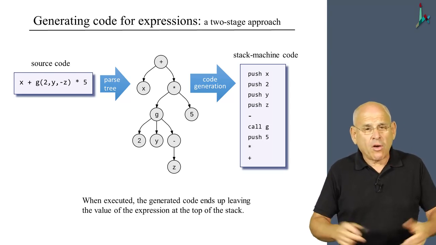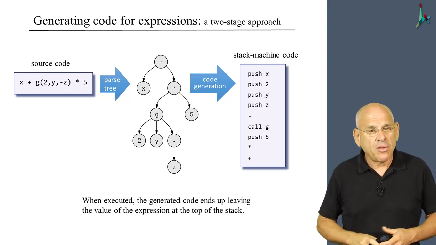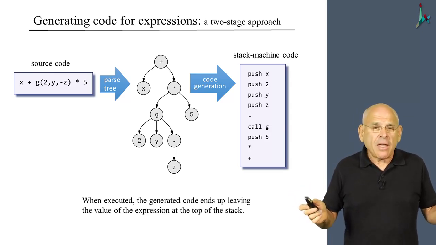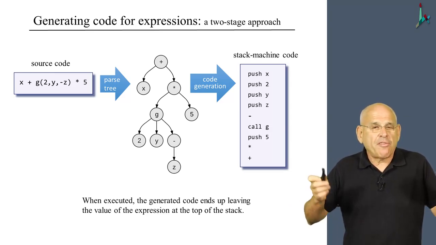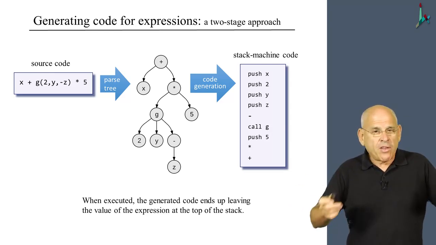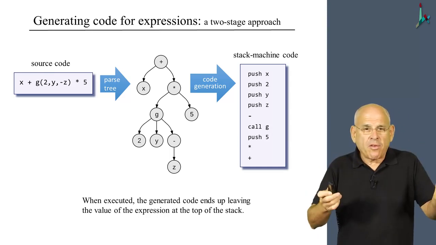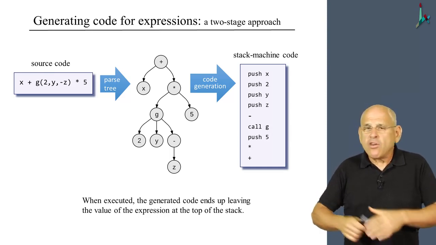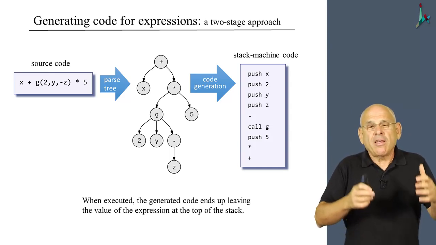Now, the question, of course, is how do you move from the parse tree to the VM code? Well, there's an algorithm that does it, and this algorithm is called depth-first tree traversal. And so you begin from the root of the tree, which happens here to be the symbol plus, and you go all the way down, and when you hit a terminal leaf, you process it.